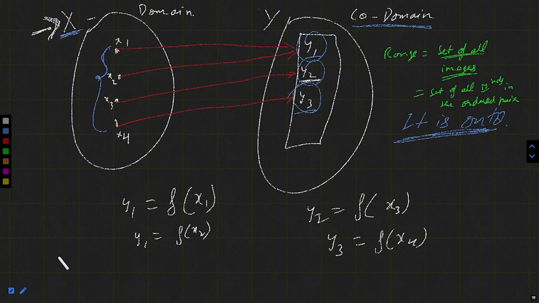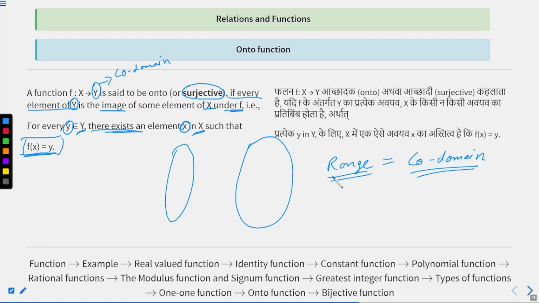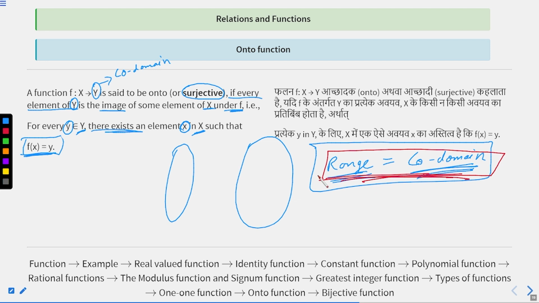This means the range set will be my whole codomain set. If this happens, then I will also say that my function is onto or surjective. So keep this point in mind, it will come in handy. Okay, let's move to the next.